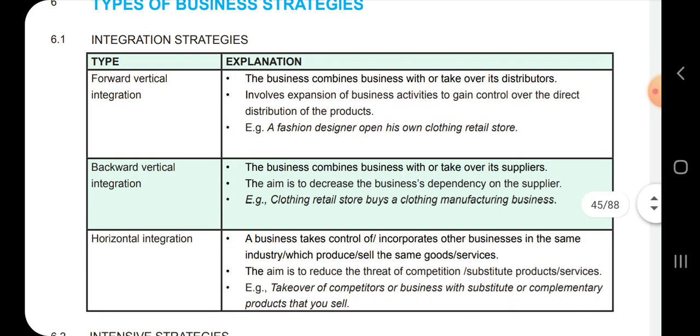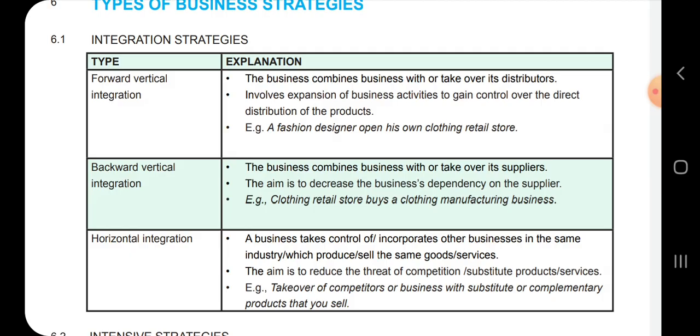And then horizontal integration, a business takes control of, incorporates other businesses in the same industry which sell the same product. The aim is to reduce the threats of competition and substitute products. So you take control of other businesses in the same industry. Let's talk about ShopRite and Pick n Pay.